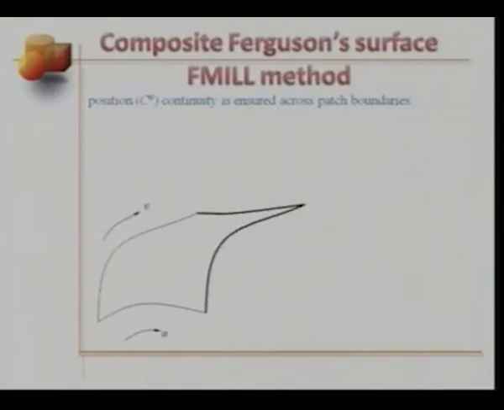So we have the two parametric directions here, u and v. This is the first patch. These are the tangents along u and v at this corner point. Likewise, tangents along u and v at this point, and the same for this point.